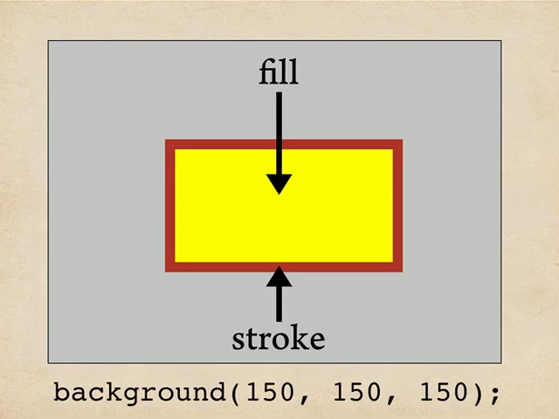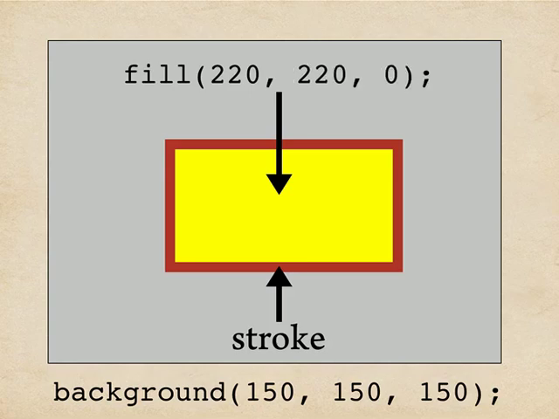Well, let's replace the fill. I'll take out the word fill and replace it with the word fill, but it's now followed by open paren, red, comma, green, comma, blue, close paren, semicolon. And the red and green values are pretty high, the blue value is 0, and that gives us a pretty bright yellow color. Finally, you know what's going to happen with stroke.